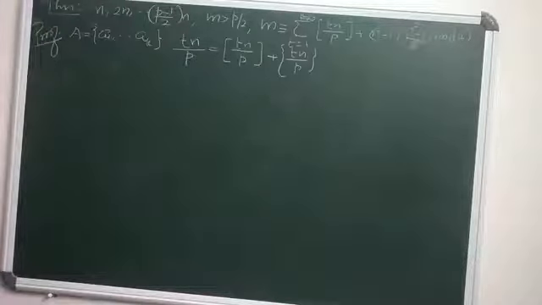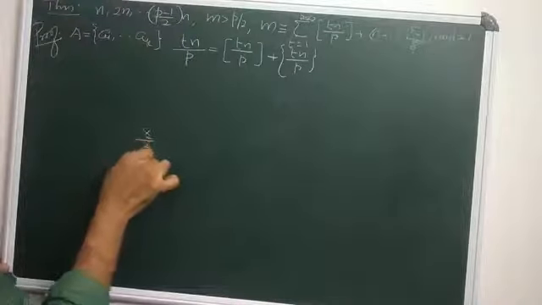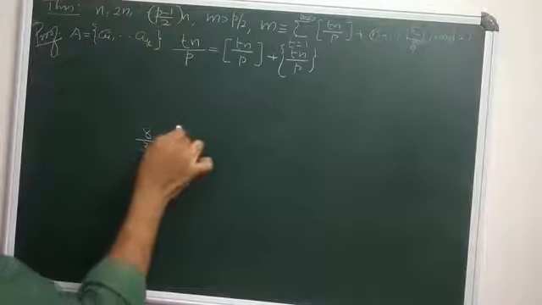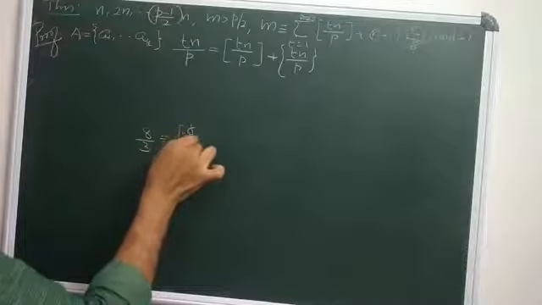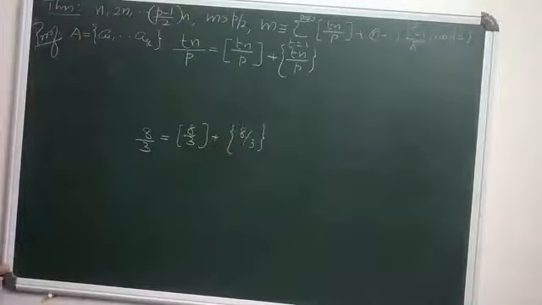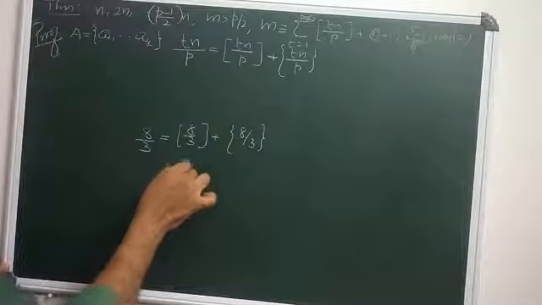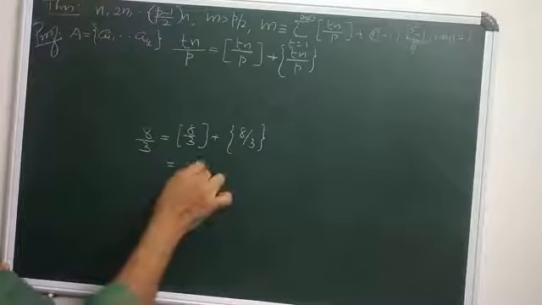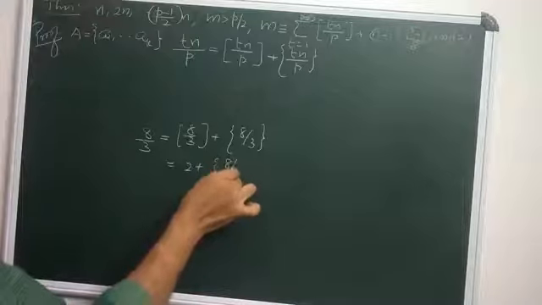Why? Because we know that, consider 8 by 3. 8 by 3 is nothing but the greatest integer of 8 by 3 plus the fraction part of 8 by 3. The greatest integer of 8 by 3 is 2, plus the fraction part of 8 by 3.